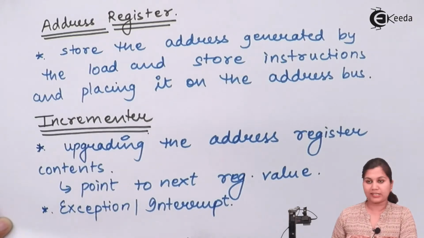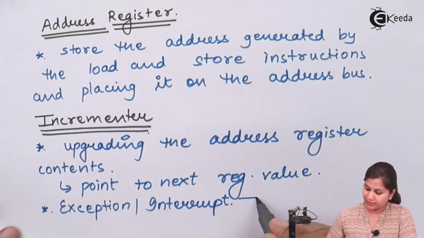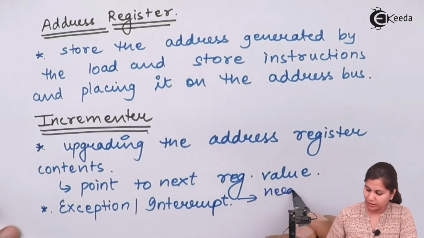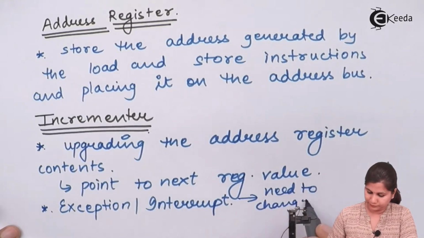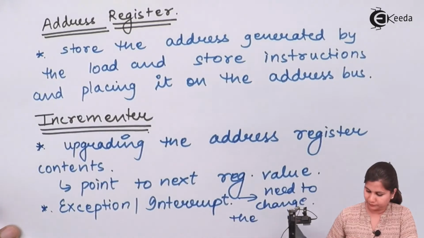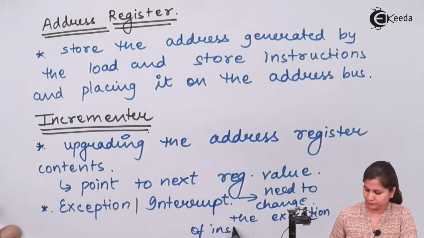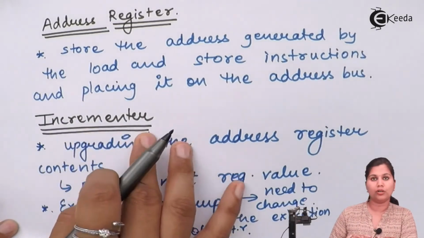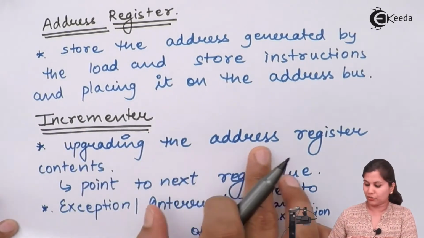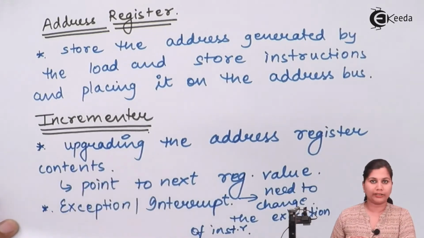So in the case of exceptions and interrupts also, there is a need to change the address. So in that case also, this incrementer is helpful. It is going to change the contents of the address register according to that.